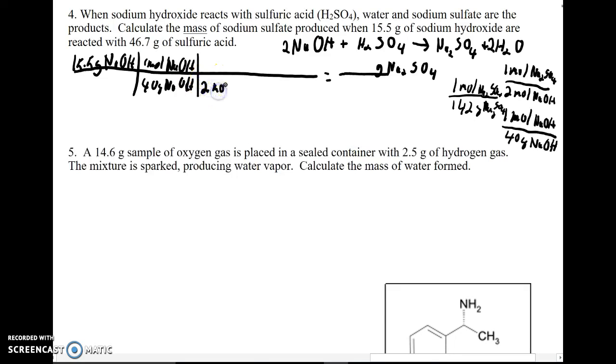And then my last conversion factor is right here. Again, 1 mole needs to be on the bottom, 1 mole of Na2SO4, so that moles of Na2SO4 can cancel out. And then 142 grams of Na2SO4.